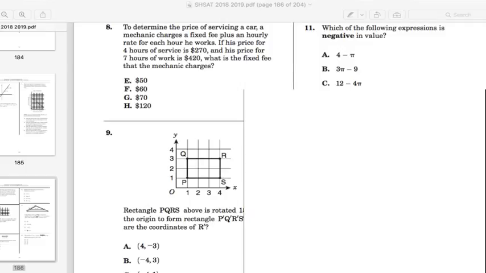All right, so what does it say again? To determine the price of servicing a car, a mechanic charges a fixed fee plus an hourly rate.